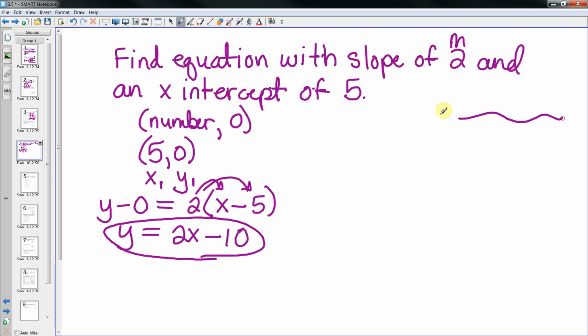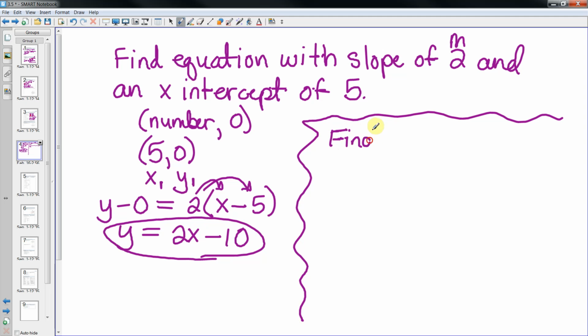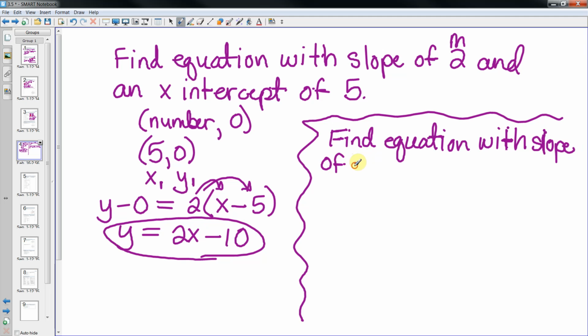They could do the same thing and say find an equation with slope of negative 3 and a y-intercept of 8.